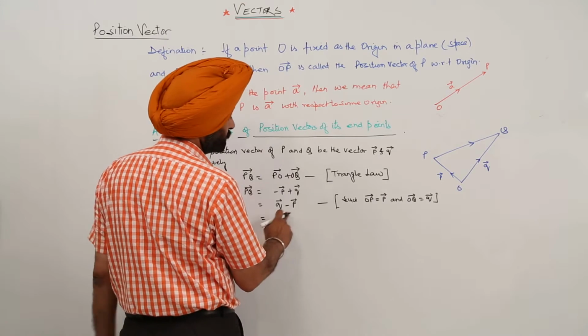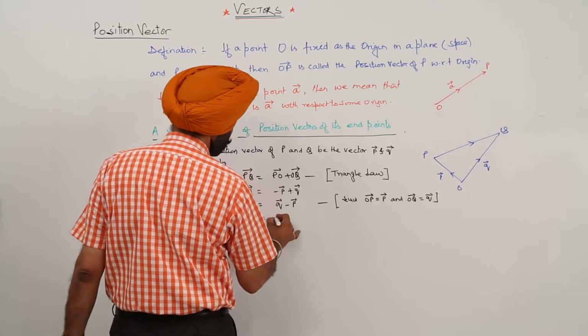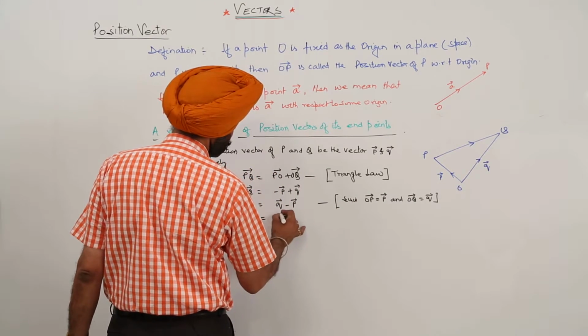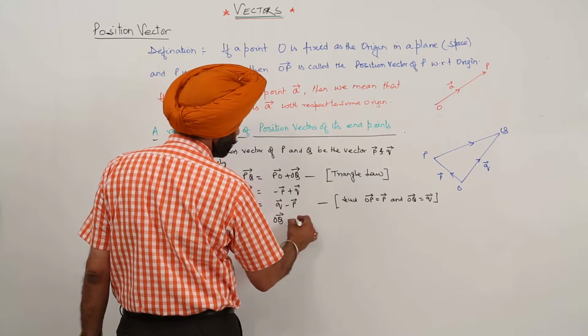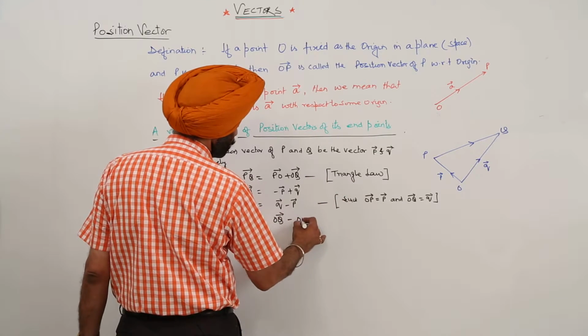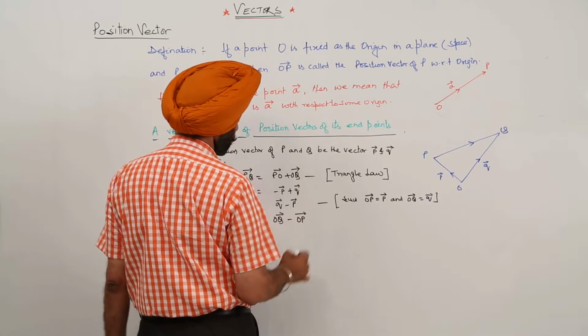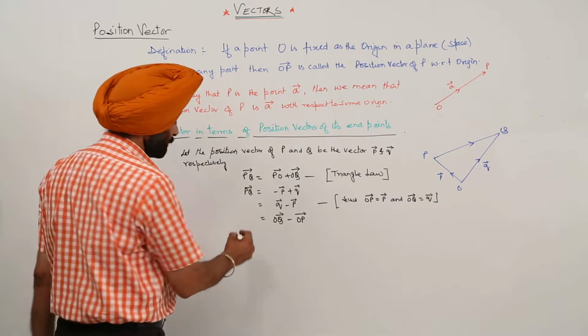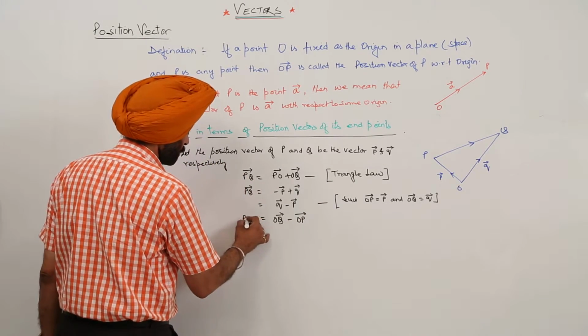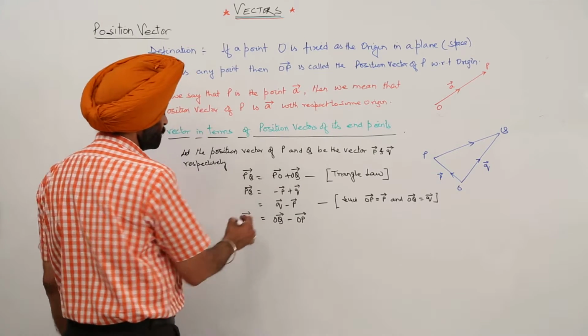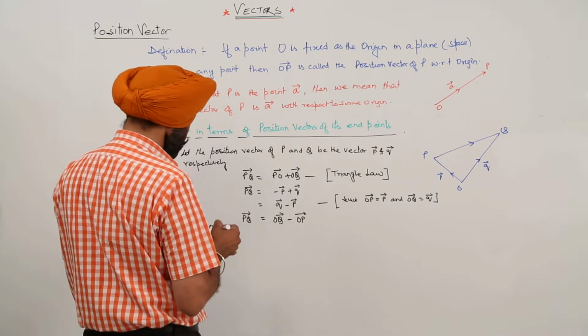Now what q is, we have OQ, and what p is, we have OP, and this was PQ. How can we express this?